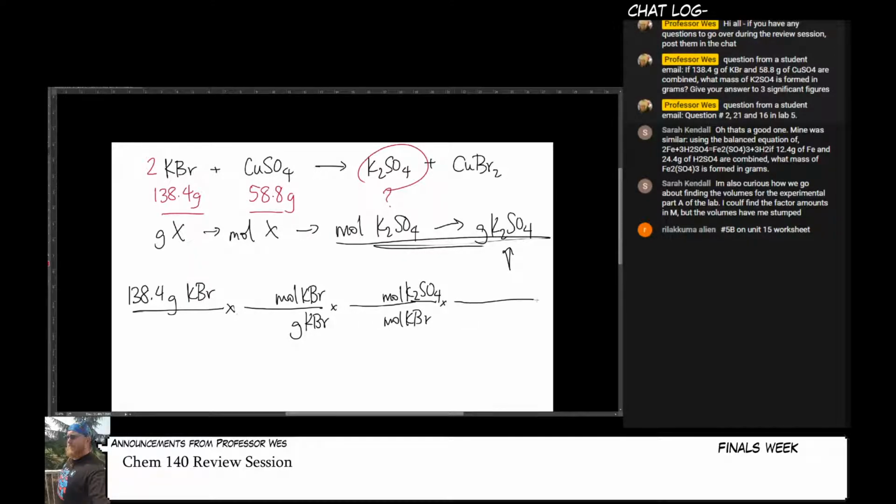And then I'm just going to do it this way. We're going to turn moles into grams here. Because why not, right? So these cancel out. These cancel out. These cancel out. We should get an answer in grams K2SO4.